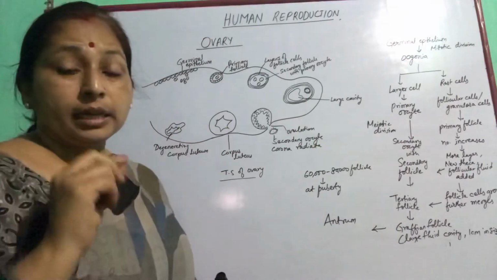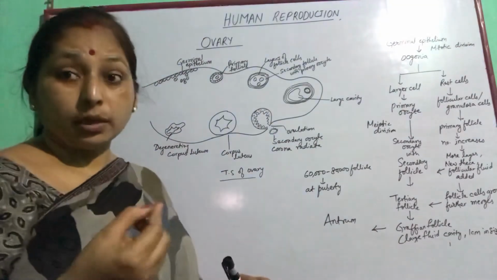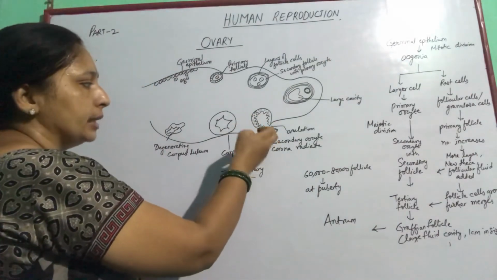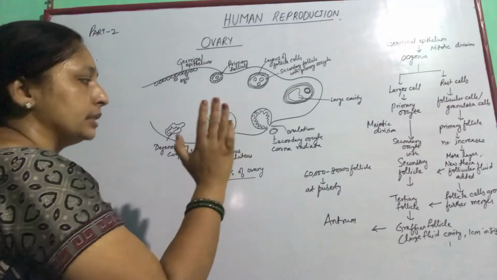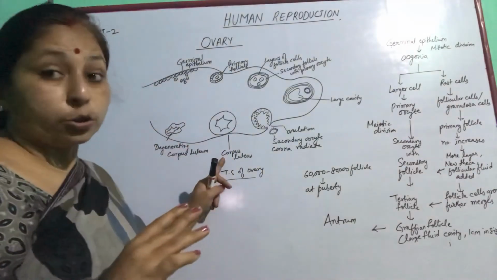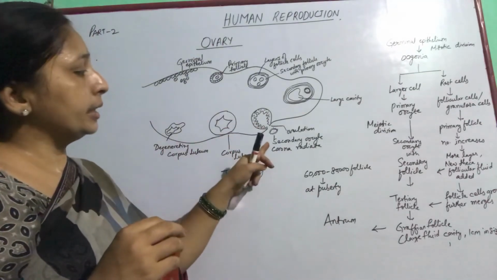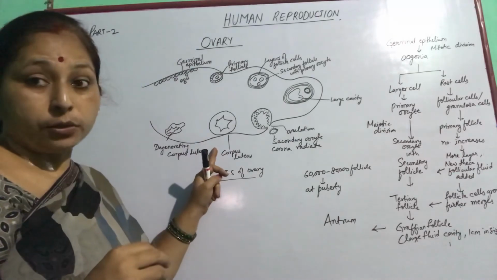The secondary oocyte is covered with a layer termed the corona radiata or zona pellucida. The secondary oocyte is released, and the rest of the part forms the corpus luteum. You may be asked to define what the corpus luteum is.